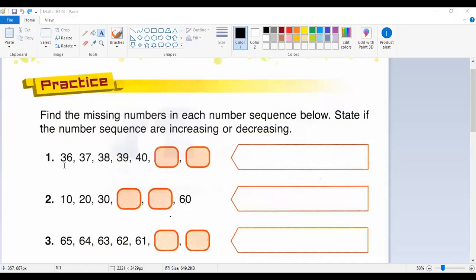Are we ready? We're going to count. Let's count. What's this number? Someone? 36. Can't hear anyone. We'll just wait until I hear someone say 36.